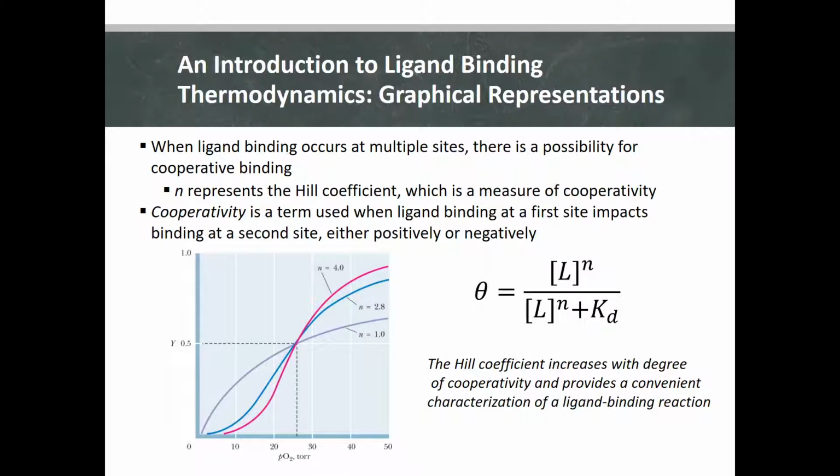Now, I want to give you a caveat. It is possible that you have a protein complex or a protein with multiple binding sites, but each binding site functions independently and binds ligand with the same overall dissociation equilibrium constant, or affinity, as I will call it sometimes. So there, you would have no quantitative measure of cooperativity.